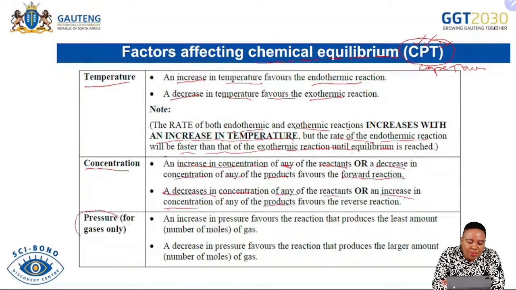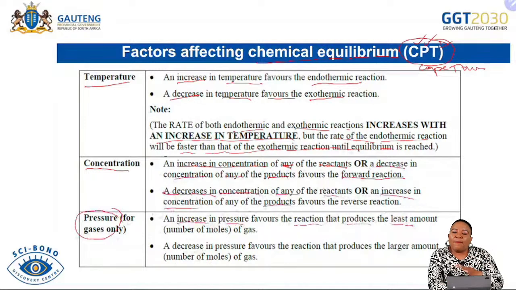And then in terms of pressure, which affects only gases, we are saying an increase in pressure favors the reaction that produces the least number of moles of gas. You are going to look at the number of moles in your forward and reverse reactions.